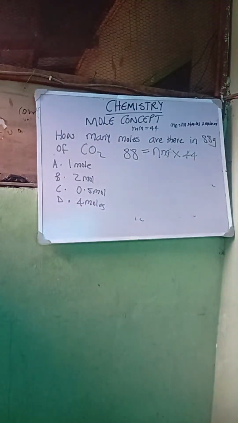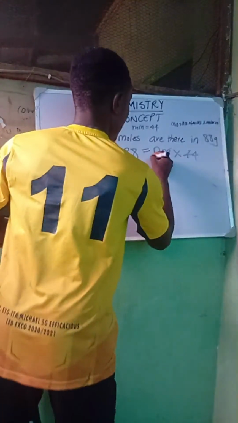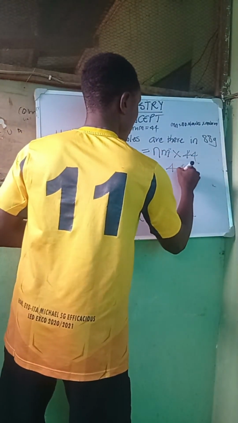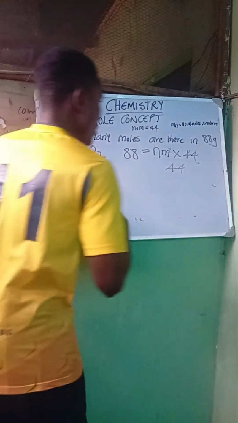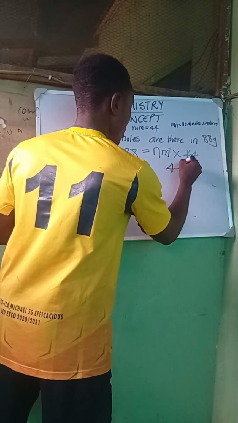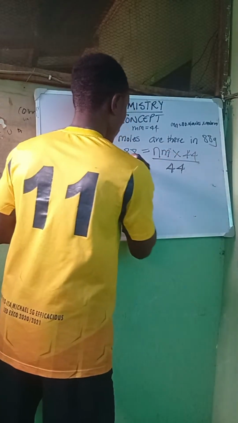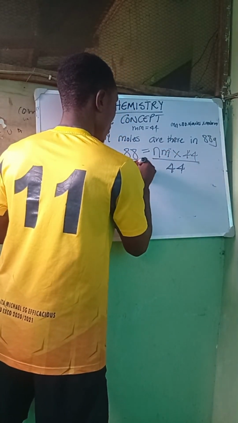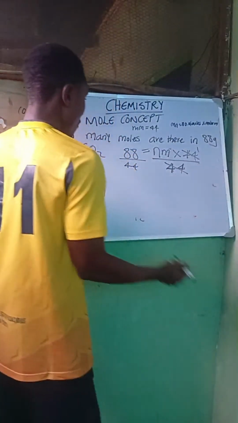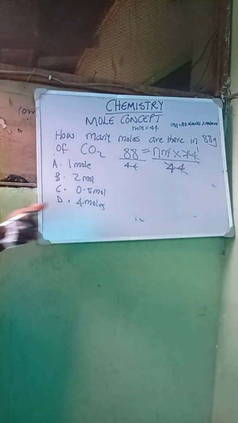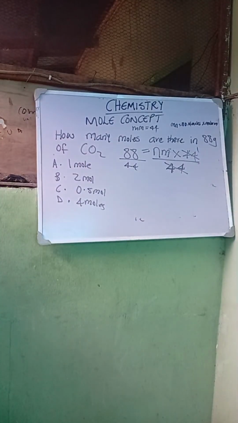To get this is as easy as ABC. You divide both sides by the coefficient, 44. So 44 cancels 44 to give us 1 times number of moles, which is the number of moles. So 88 now.